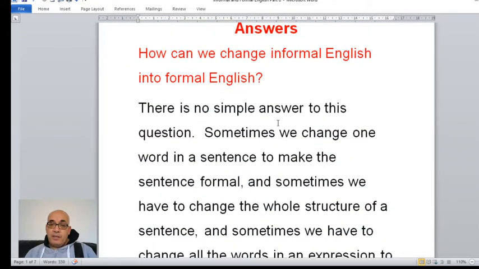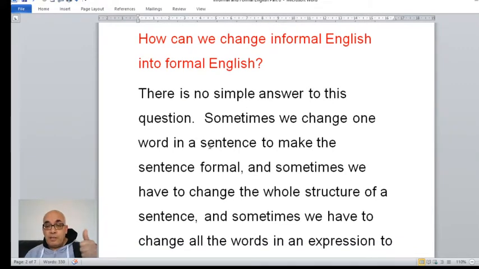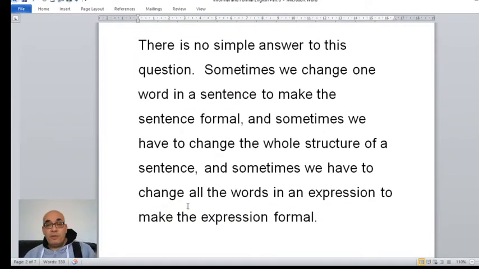The answer is, there is no simple answer to this question. Sometimes we change one word in a sentence to make the sentence formal, and sometimes we have to change the whole structure of a sentence, and sometimes we have to change all the words in a sentence to make it formal.